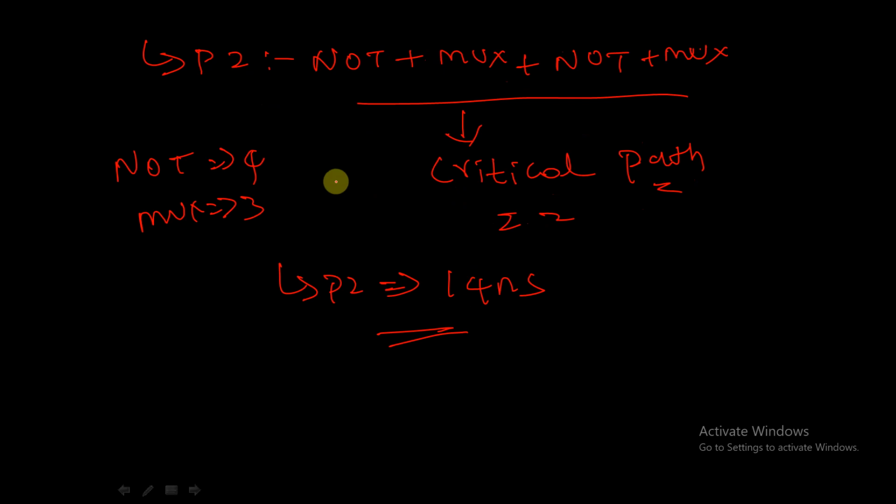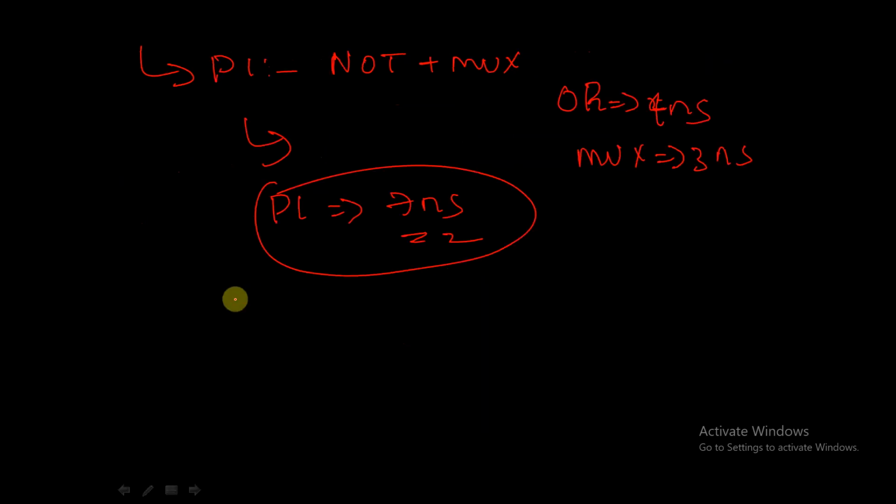So while guessing, what I'm thinking is path 2 and path 4 are my critical paths. Now let's see the false path.